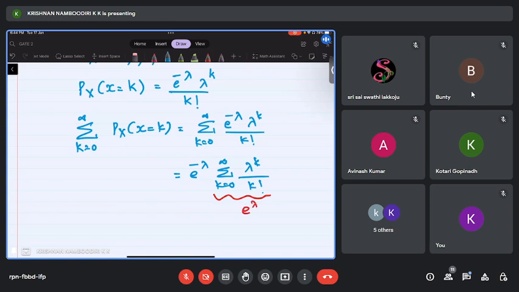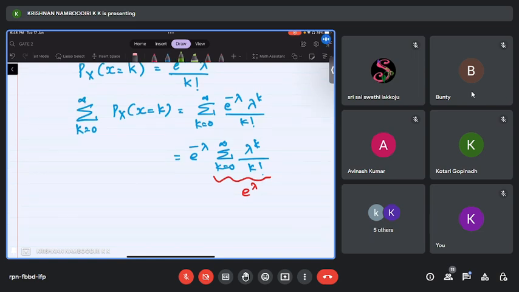This is in fact equal to e power minus lambda times e power lambda. This is the definition of the exponential: e power x equal to summation k equal to 0 to infinity x power k divided by k factorial. Or this is a property that may be useful to solve other problems as well, right?